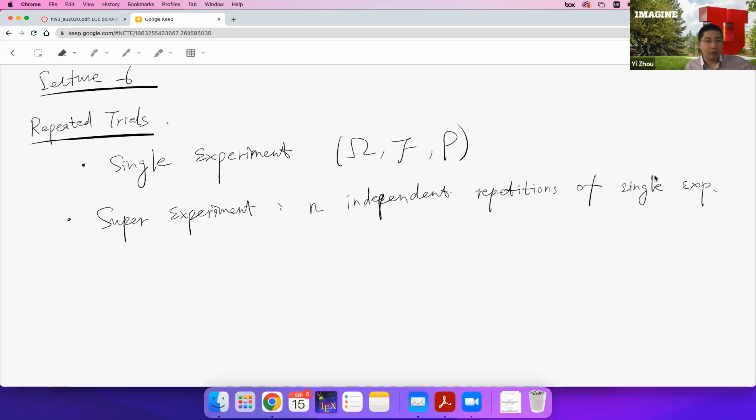So these n experiments, we can put them together and call it a big experiment, or super experiment.